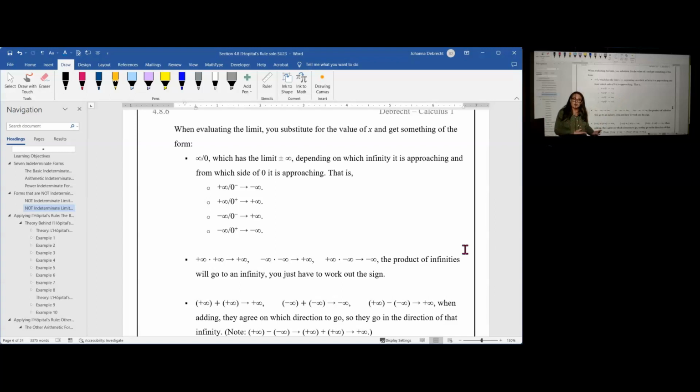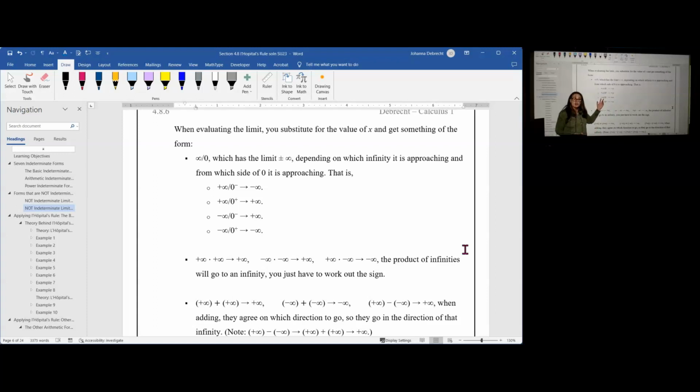Whether it's positive or negative infinity depends on whether it's approaching positive infinity or negative infinity, and which side of 0 the limit is approaching from. If it's positive infinity, but you're approaching 0 from the left, it will go to negative infinity. If it's a positive infinity and you're approaching 0 from the positive side, the right, it will be positive infinity.